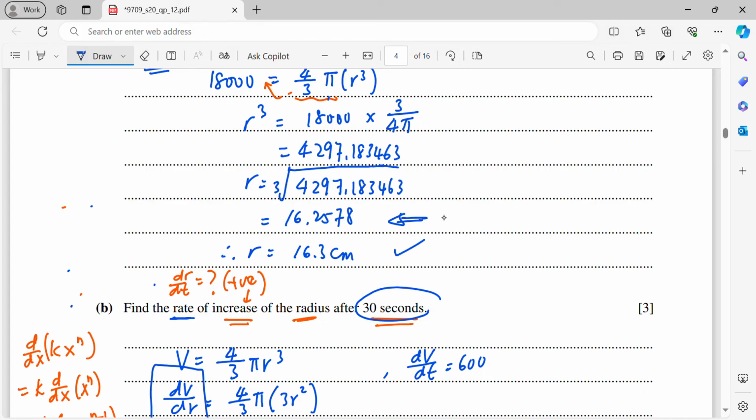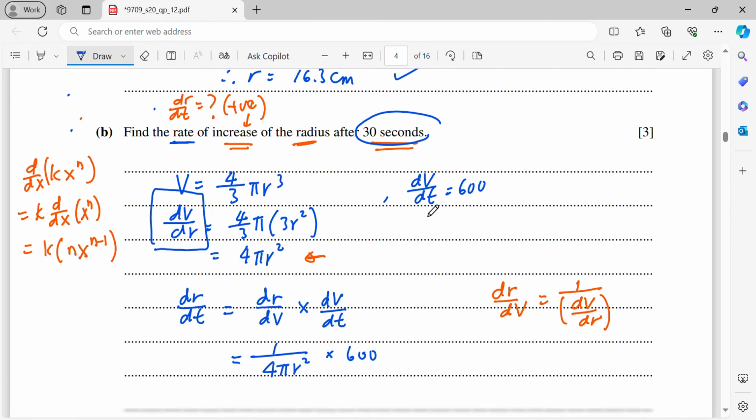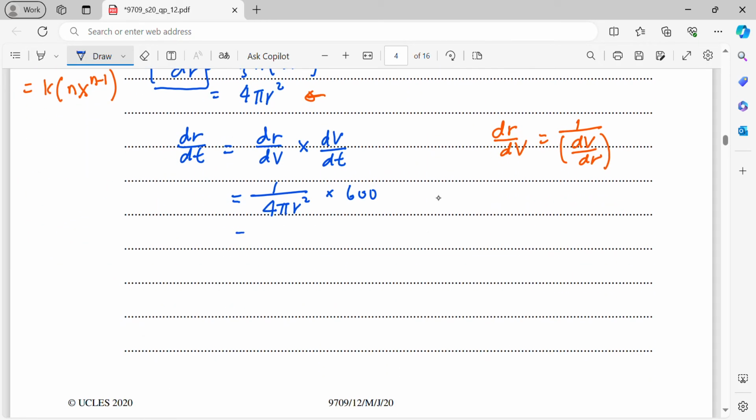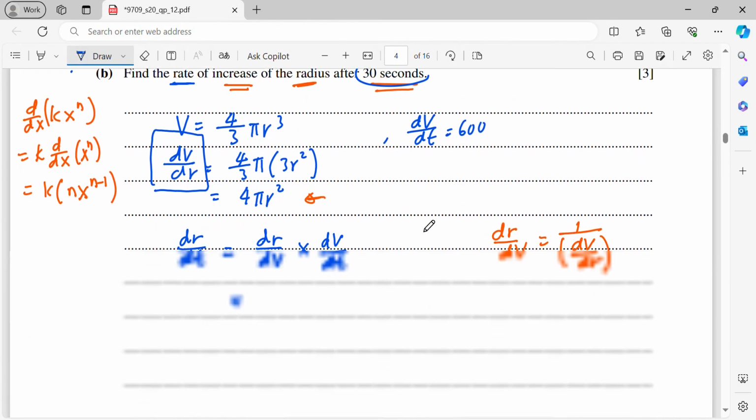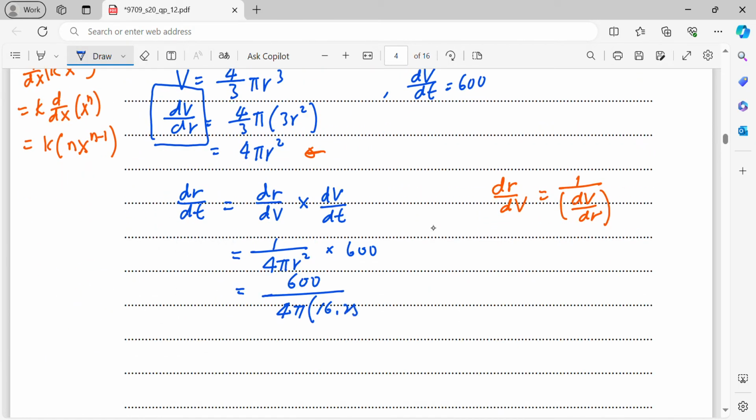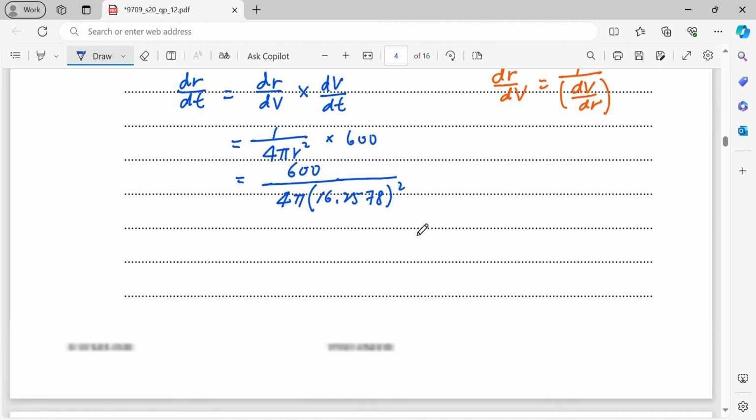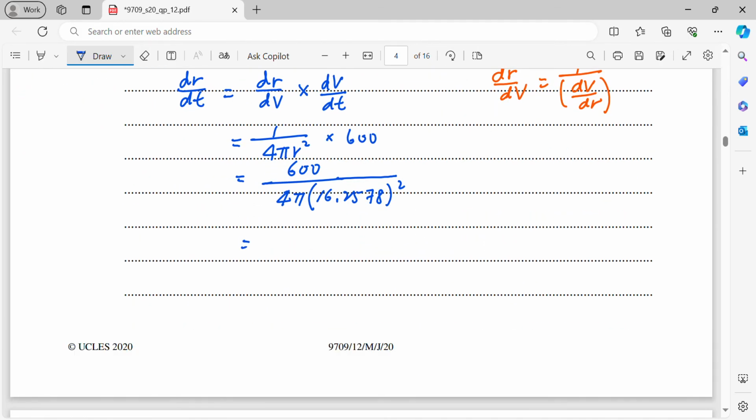So I will be using 16.2578 for the calculation. So here is going to be 600 over 4 pi times 16.2578, then squared.